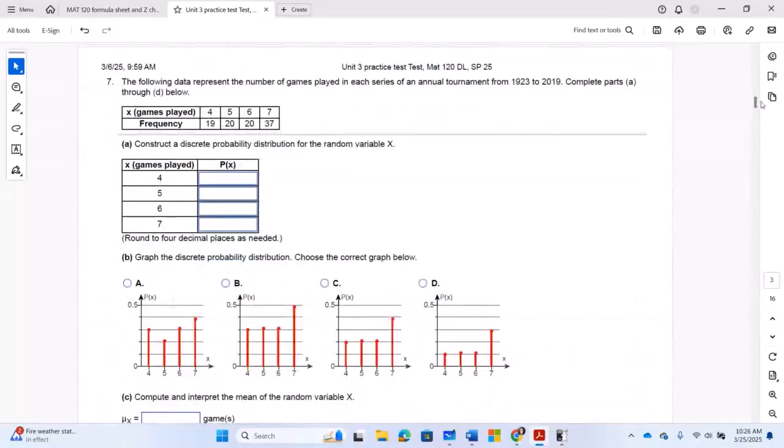Okay, so look at number 7. Number 7 is a question on discrete probability distribution. Remember, we had 4 distributions. The first one is discrete probability distribution. The second one is binomial probability distribution. They're all probability distributions. The third one is normal probability distribution.